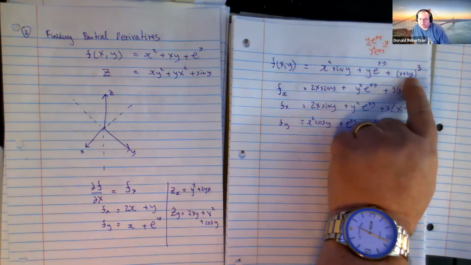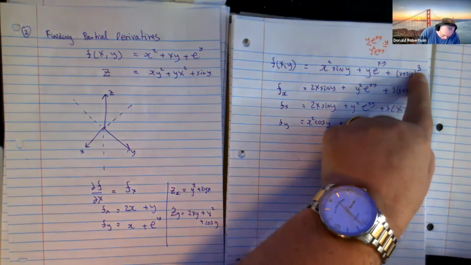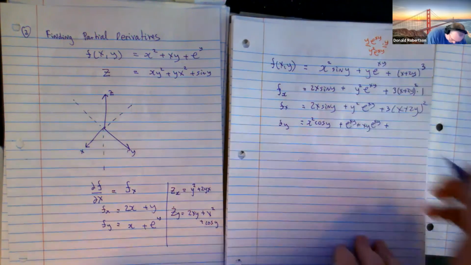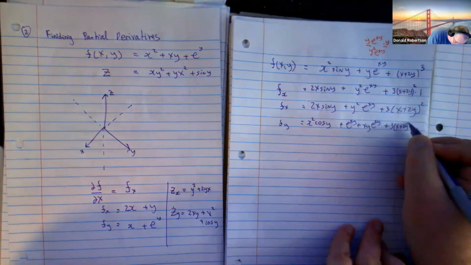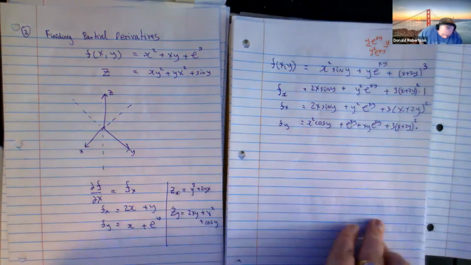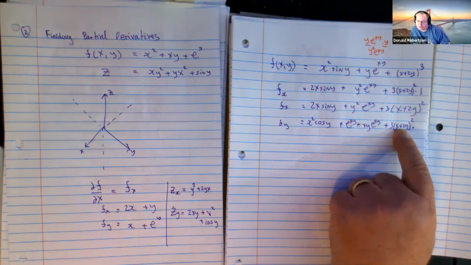Now the last term, again, it's going to be the chain rule. Now if you look at this fella here, it's 3 times x plus 2y squared times the derivative of the inside function. Now the last time it was 1, but I'm differentiating the inside function with respect to y this time.